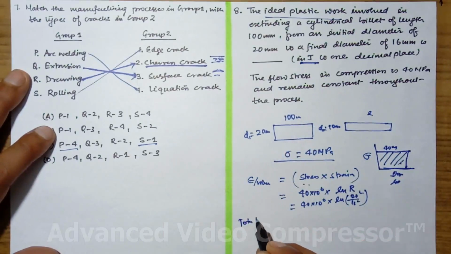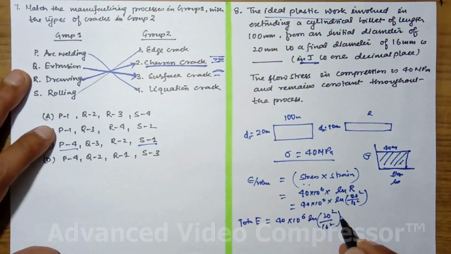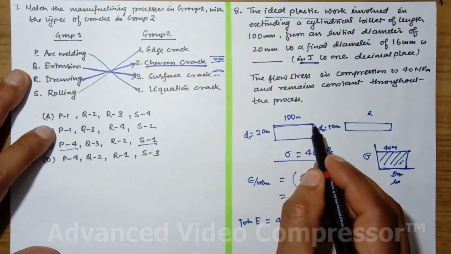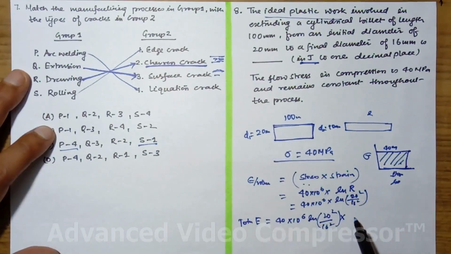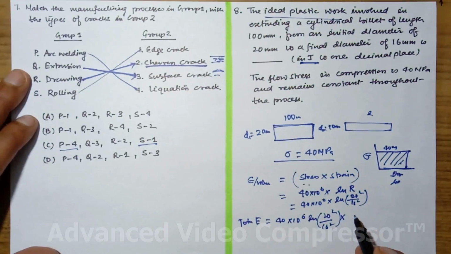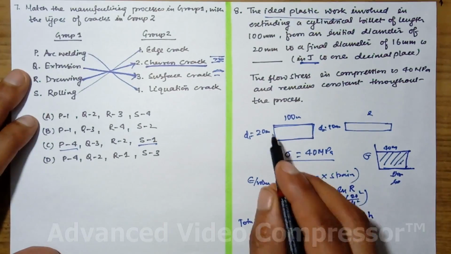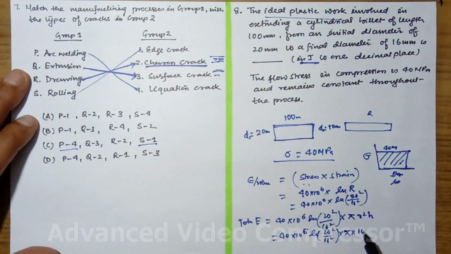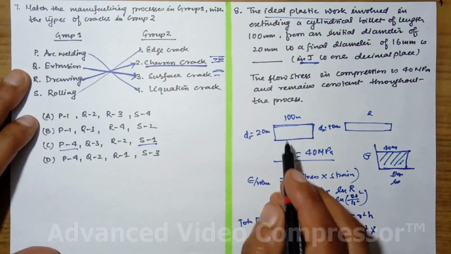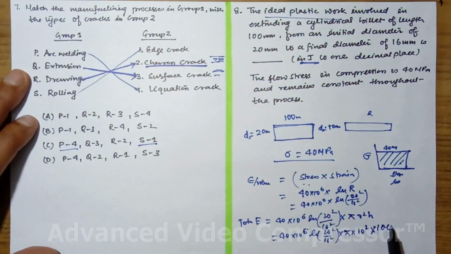So total energy equals 40 into 10 power 6 ln 20 square by 16 square into the volume of this billet. That is pi r square h, equal to pi into 10 square into h, that is 100.